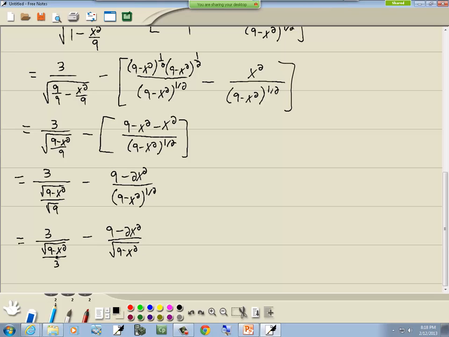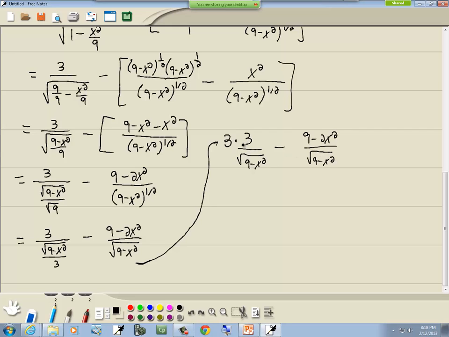Now back to our first fraction, we have a single fraction down denominator, so we're going to flip it and multiply it times our top part. So we're going to have 3 times 3 over square root of 9 minus x squared minus 9 minus 2x squared over square root of 9 minus x squared.